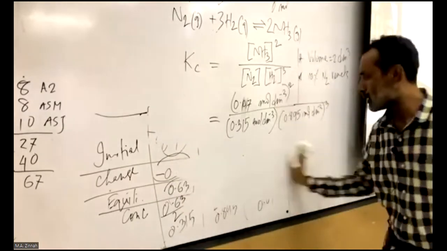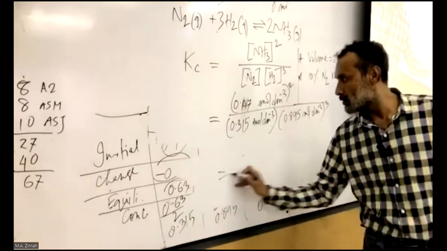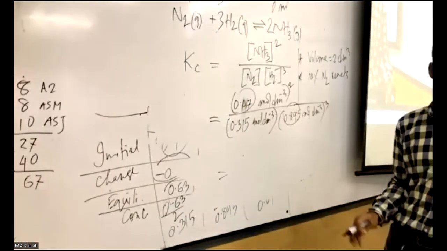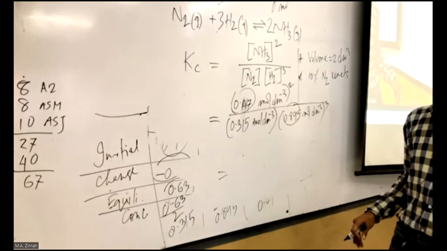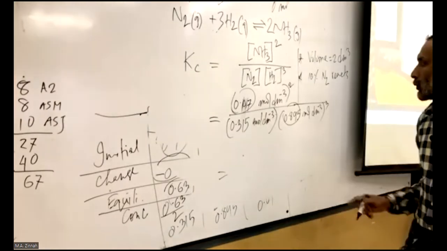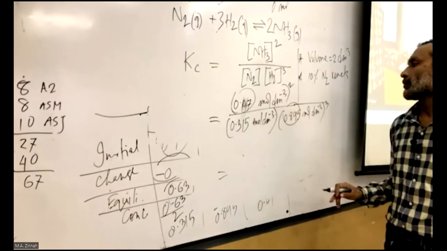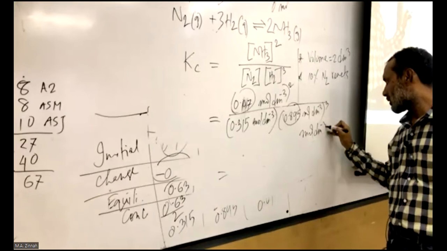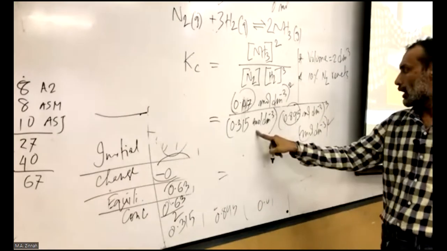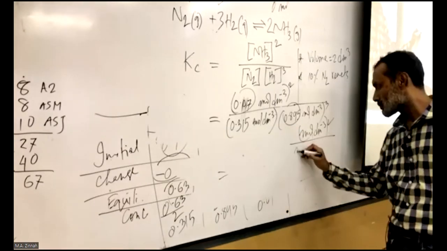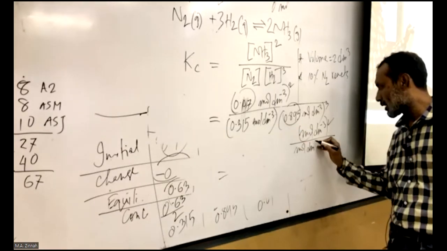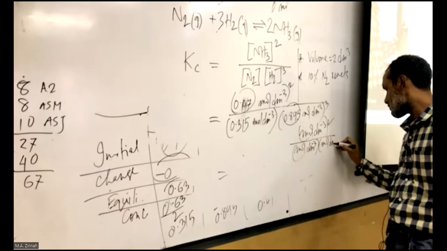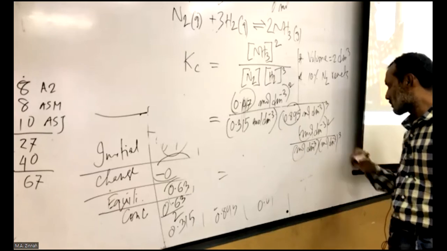Simply you need a calculator. Remember, here is a square and here is a cube on them. So you just estimate with the calculator. And the units: here is mole per dm cube, squared, and here you have mole per dm cube, another mole per dm cube, cubed.